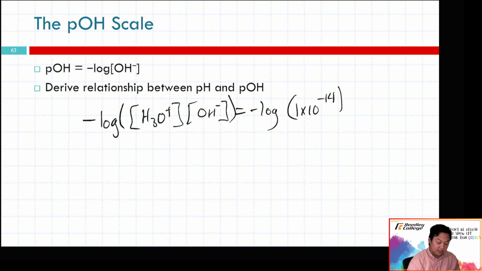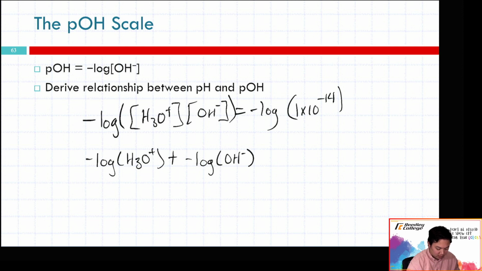When we have two things being multiplied together inside of a logarithm, we can actually break those apart. So we have the negative log of the H3O plus concentration plus the negative log of the OH minus concentration, equal to the negative log of 1 times 10 to the minus 14.